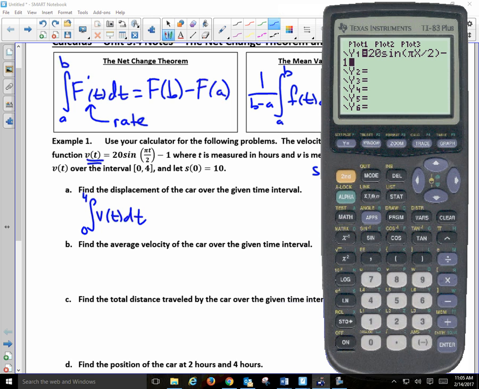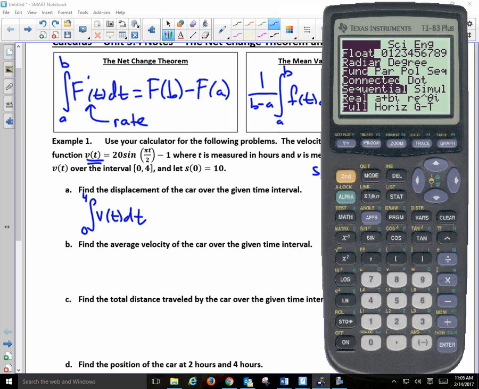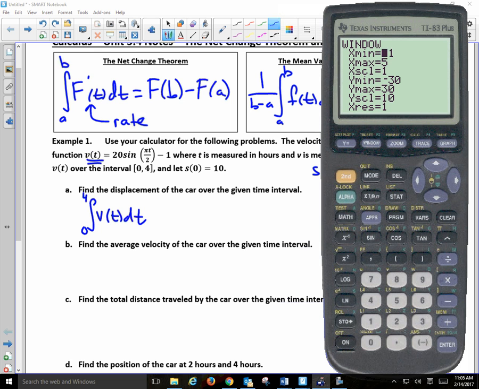That's my function. I'm going to go into mode. I'm in radians. I'm going to go into my window, and it looks like I need to go from 0 to 4. So I chose x minimum of -1, x max of 5, a scale every 1. What's the maximum value that sine can achieve? 1, right?